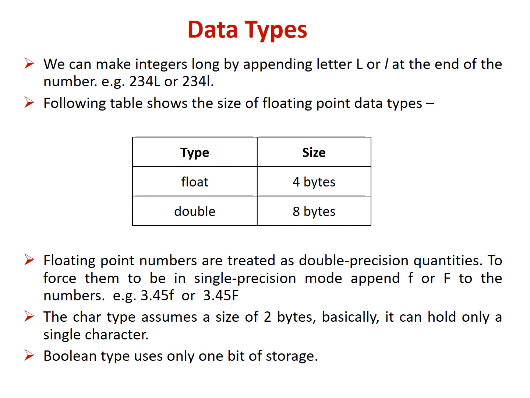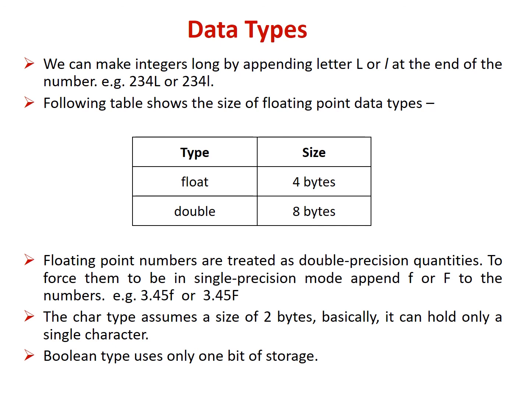Now, here the table shows floating point data types. That is, float is the floating point data type which requires 4 bytes of memory space. Similarly, double requires 8 bytes of memory space. Floating point numbers are treated as double precision quantities.